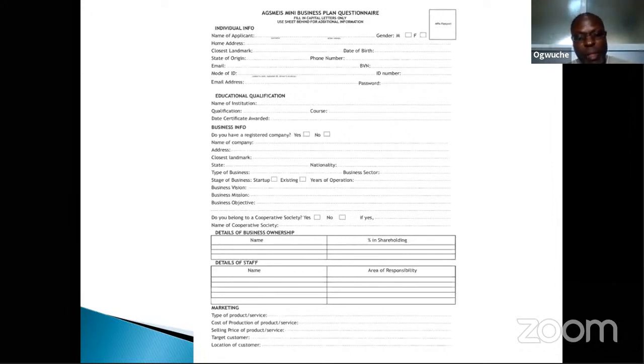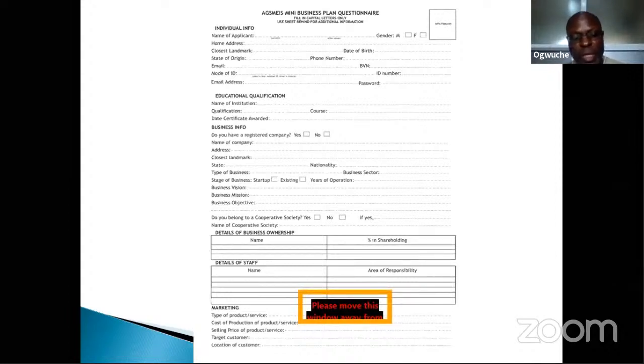All right, marketing. Type of products. Looking at the type of products and service here. If you're in the poultry business, of course, the type of product is either eggs or the chicken meat. Okay, so the cost of production, what's the cost of production of that product?